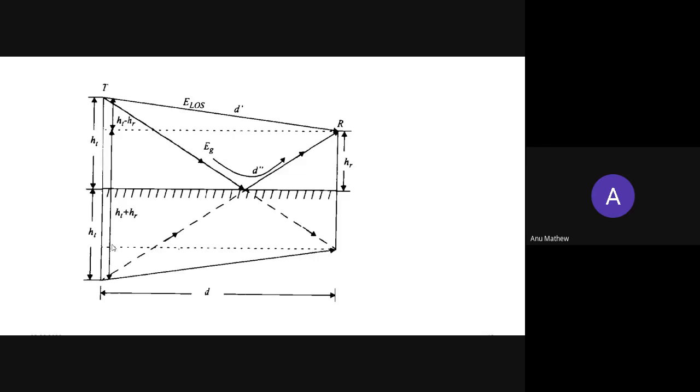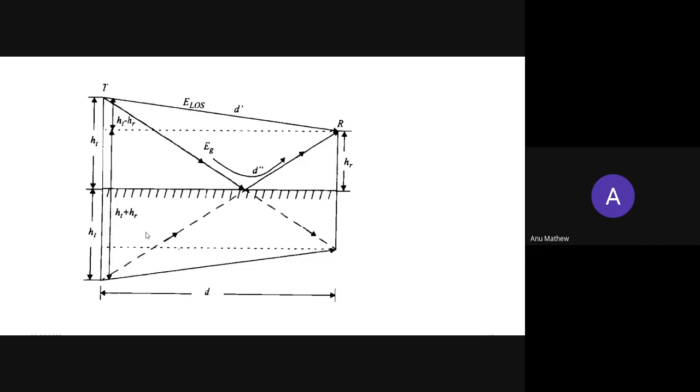Then it is a right angle triangle, and the length of the hypotenuse equals HT plus HR the whole square plus D square. Like that we can find D dash also. In order to find D dash, we are taking this.